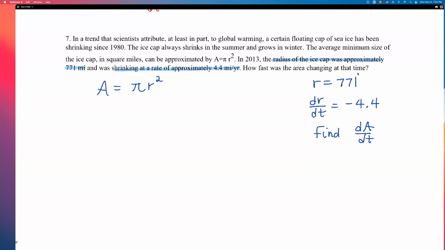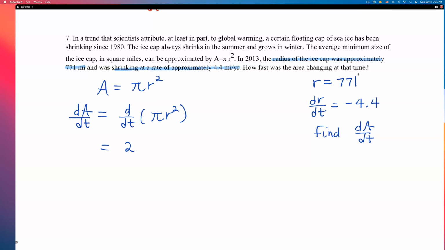All right, so let's find the derivative of both sides with respect to t. The left-hand side will just be dA/dt, but on the right side we have to differentiate pi r squared, and that's going to be 2 pi times r times dr/dt.